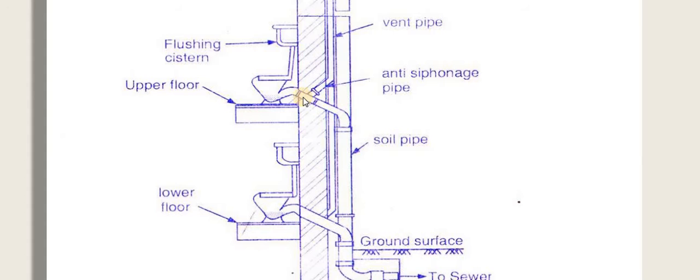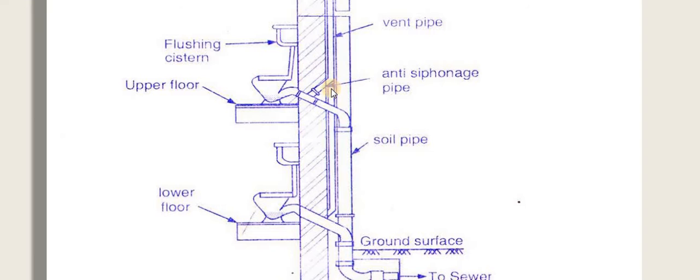Hence the siphonic action will take place, and it will break the water seal, and hence the waste which is present in the pipe will come out, and it will again fill the chamber of the WC. Hence this can be avoided by connecting the crown of the trap to the atmosphere through the anti-siphonage pipe.